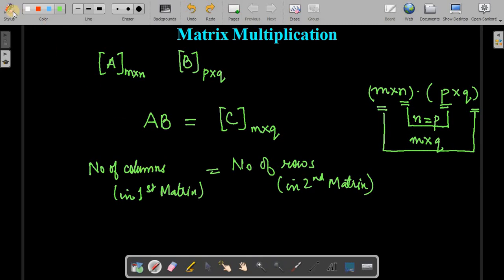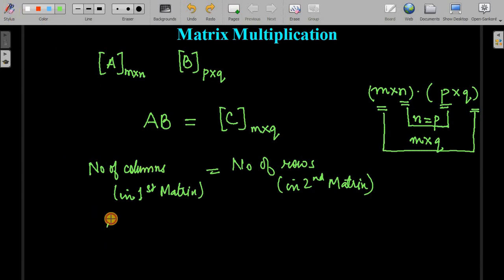As an example, suppose matrix A is of the order 2 by 3 and matrix B is of the order 3 by 2. Before multiplying A and B, we have to check that the number of columns in the first matrix, which is 3 here, should be equal to the number of rows of the second matrix, which is also 3 here.